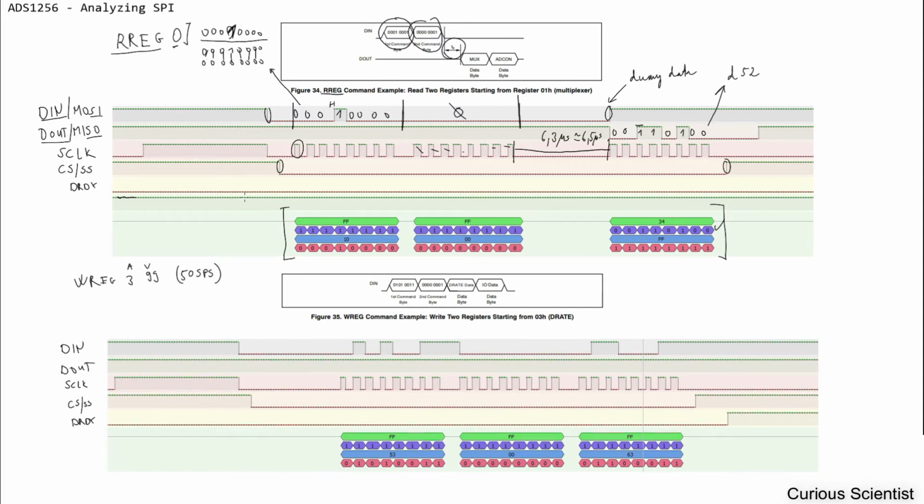So let's do this. We start with the first command byte, and then here we start. So 0 1 0 1 0 0 1 1.